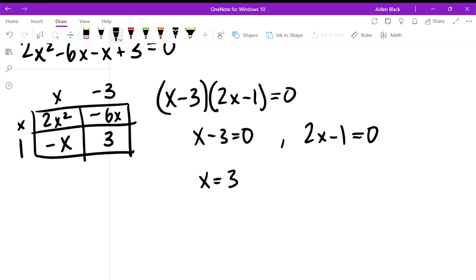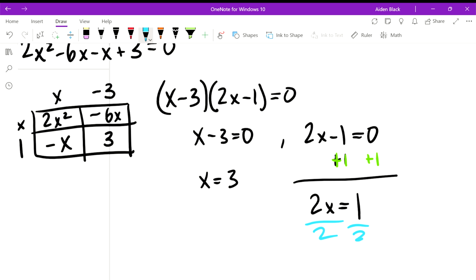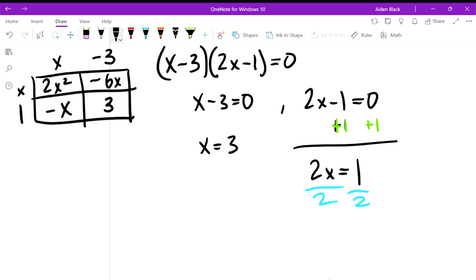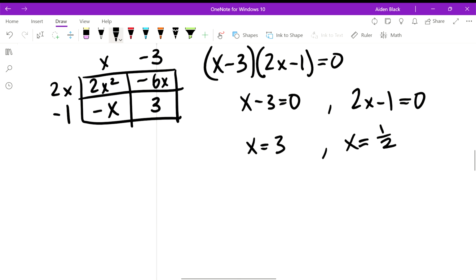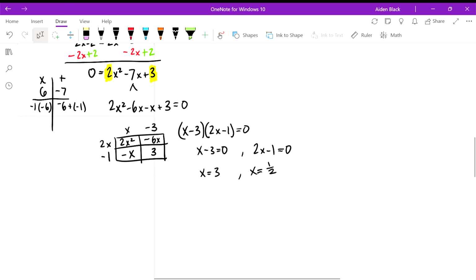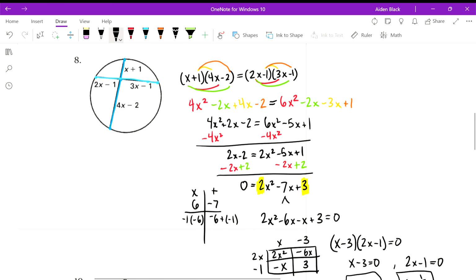And then in this one, we can add 1 to both sides, and we end up with 2x equals positive 1, and then divide by 2 on both sides. Therefore, we have x equals 1/2. So here are two solutions for number 8.